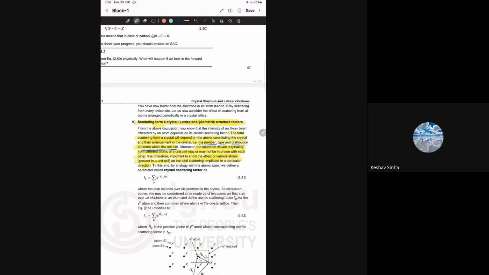To this end, by analogy with the atomic case, we define a parameter called crystal scattering factor.